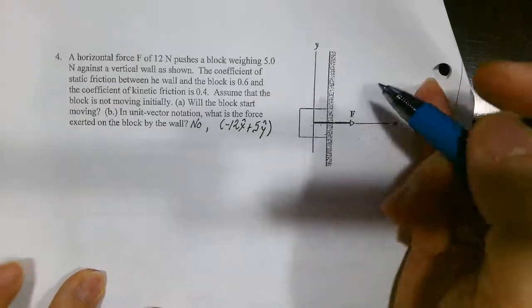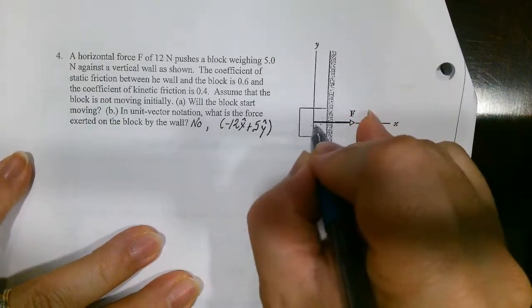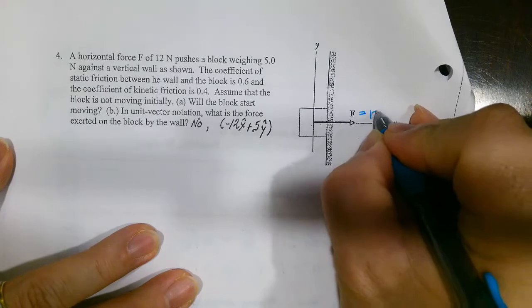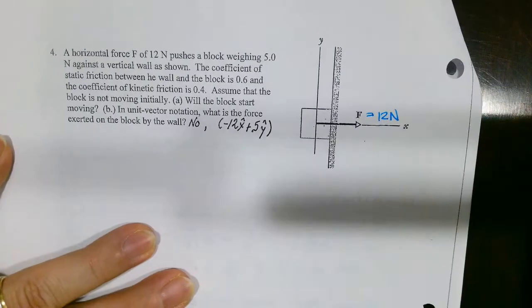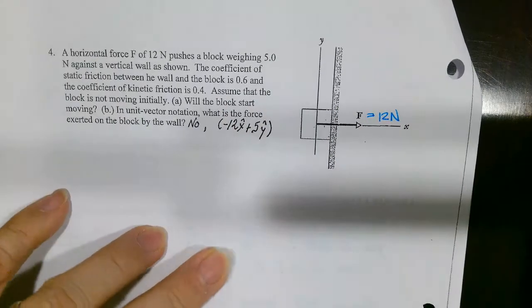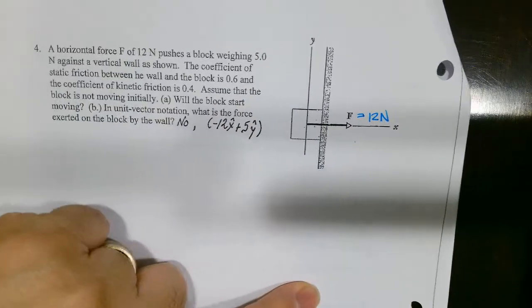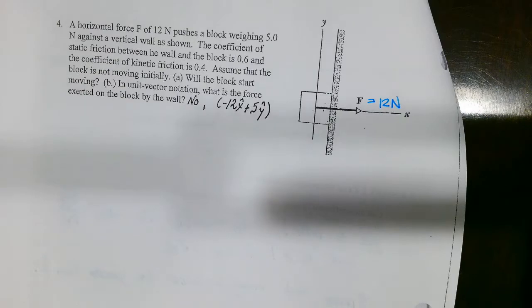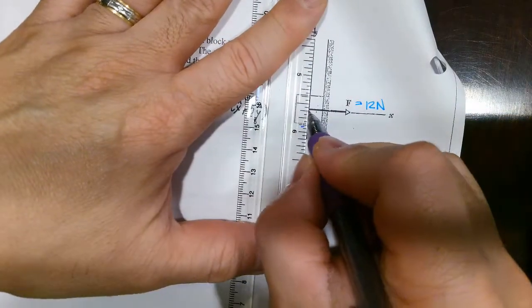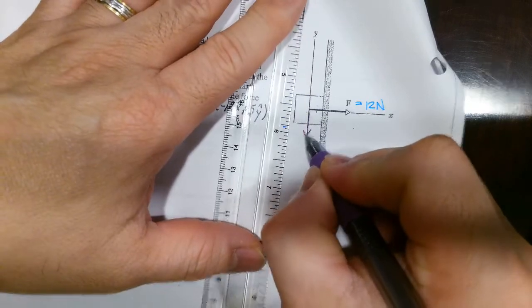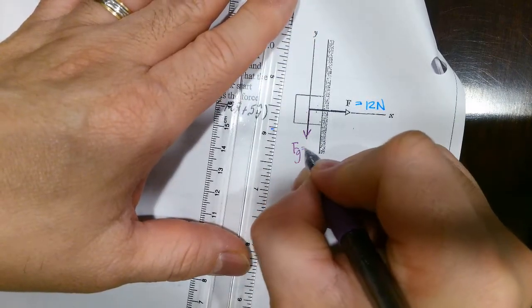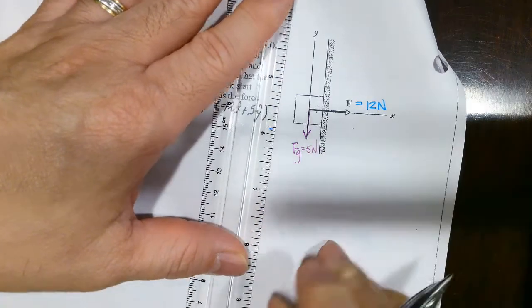So this force is pushing against the wall with 12 newtons of force, and the weight of the block is 5 newtons, so Fg is equal to 5 newtons.